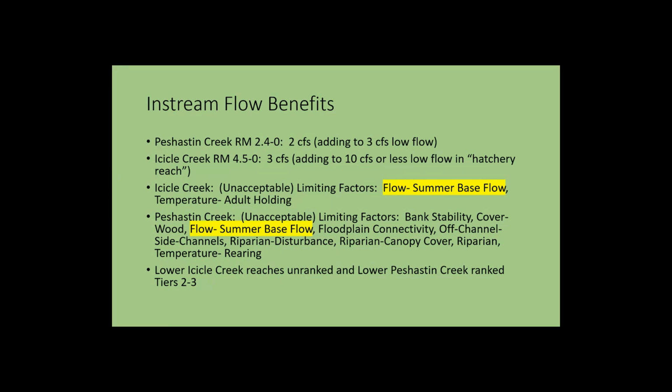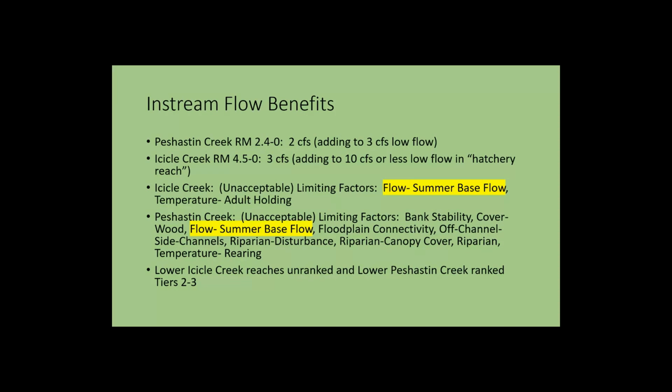At the Icicle Creek diversion, in the hatchery reach, the historic channel, we'd be adding 3 CFS to the 10 CFS or less of flow, as you can see from that previous photo.